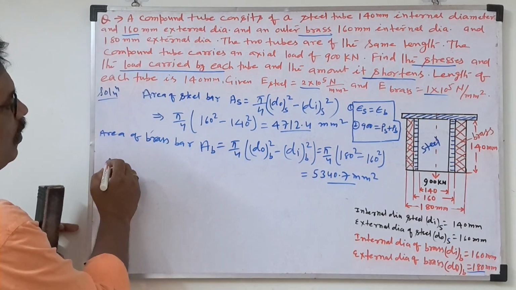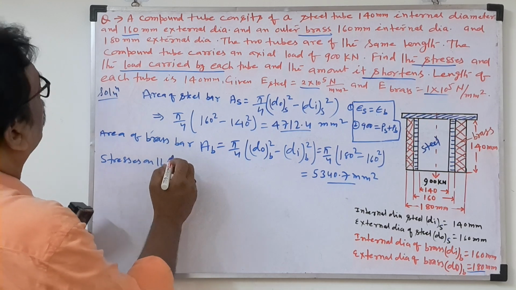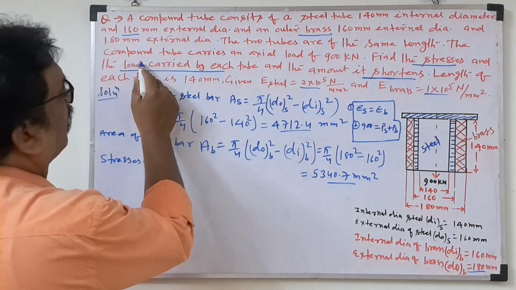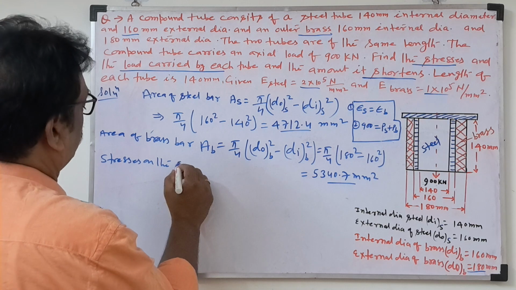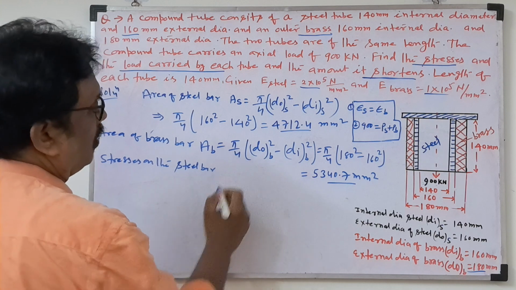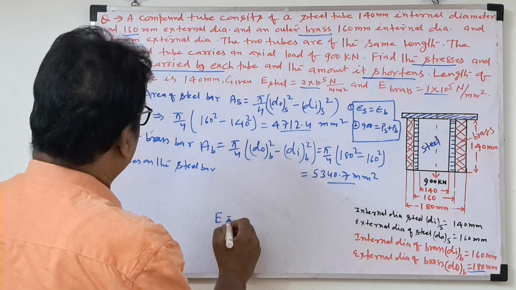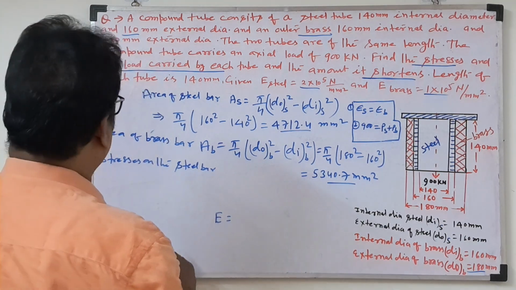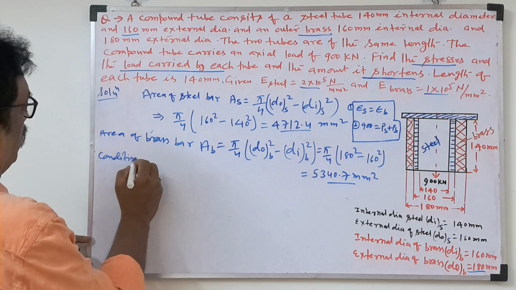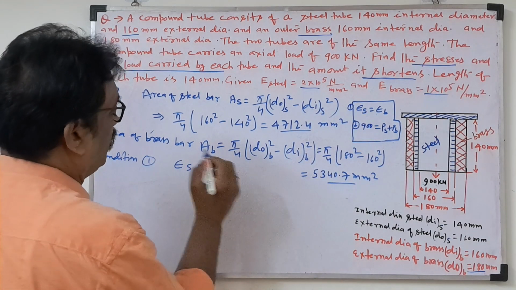So first, the stresses. They are asking to find the stresses of the steel bar and the brass bar. Now apply condition 1: the strain of the steel bar equals the strain of the brass bar.